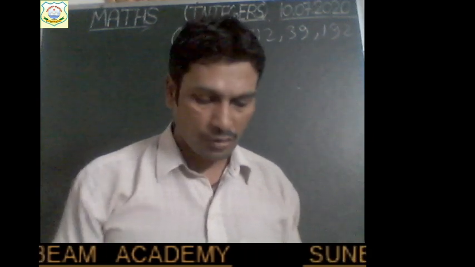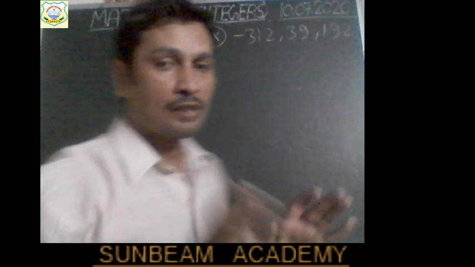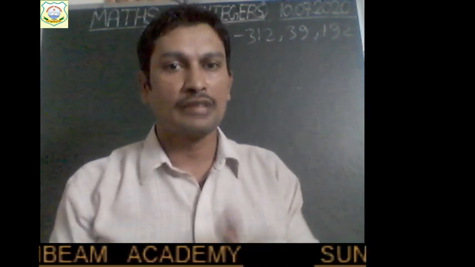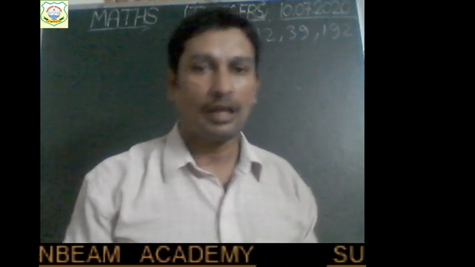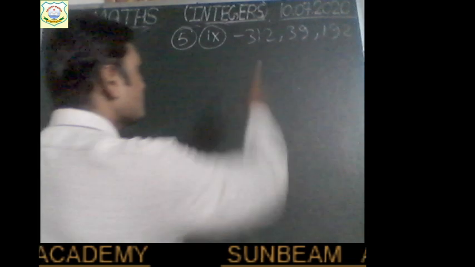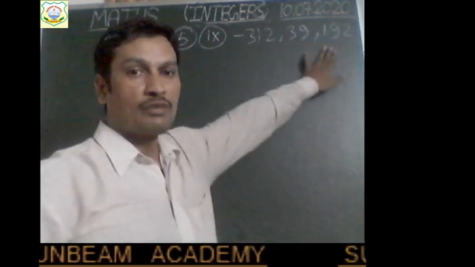Right, children? So normal numbers, the numbers which are having no sign, can be added by using column method. But for integers, I recommend you to use the row method. How? Let us see. Here integers are minus 312, then 39 plus 192.